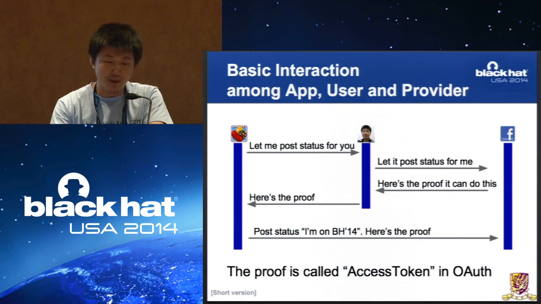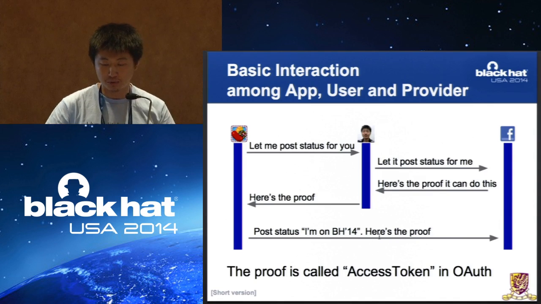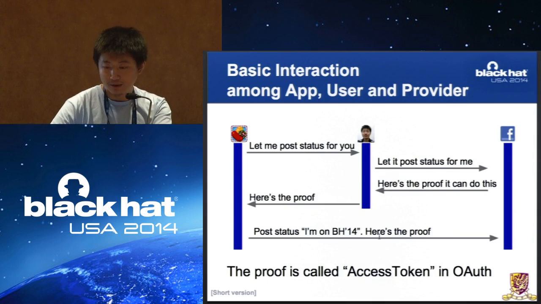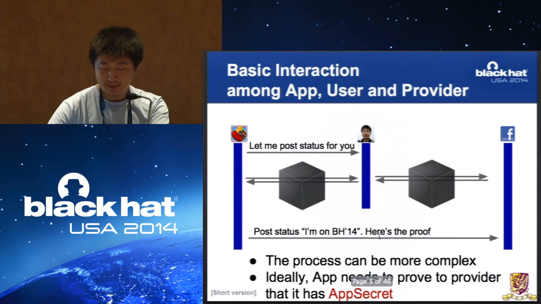The user gives this proof back to the app. Then the app can do some operations, say post the status, and also give the proof to the provider. This proof is called an access token in OAuth terms. Usually it's just a very long string representing the permission.